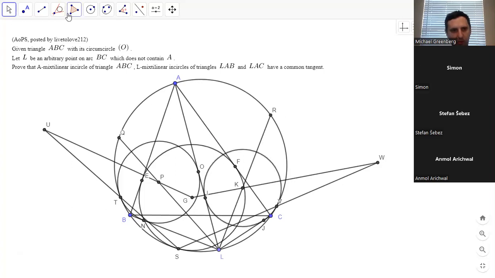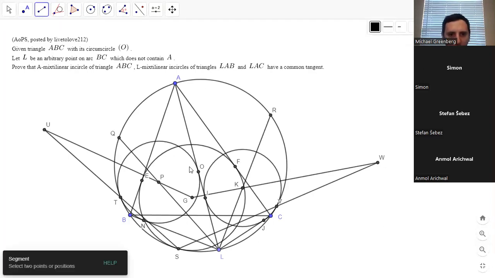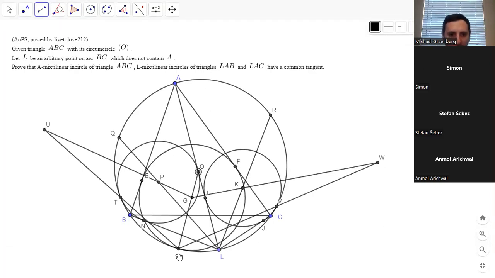Drawing the... oh, you're already drawing that. So maybe we can use this Desargues theorem. That looks good. So OG and S, OK and V, and OP and T are collinear. Basically, the centers and the tangency points of circles. Okay, how did I not see that? That makes sense.